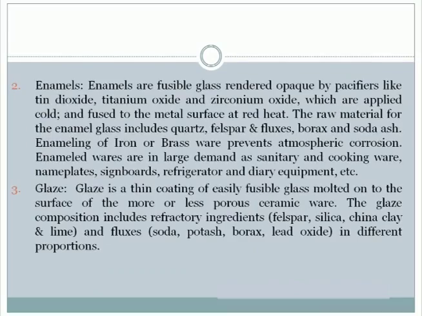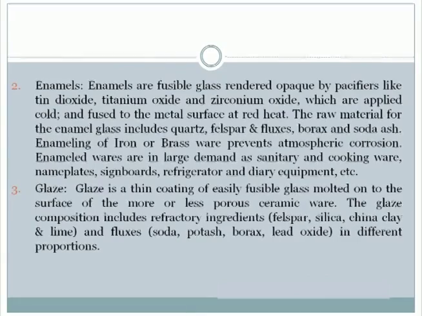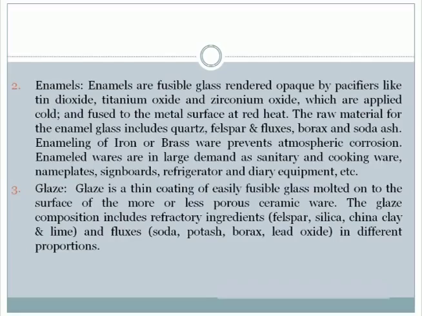Enamels. Enamels are fusible glass rendered opaque by opacifiers like tin oxide, titanium oxide, and zirconium oxide, which are applied cold and fused to the metal surface at red heat.